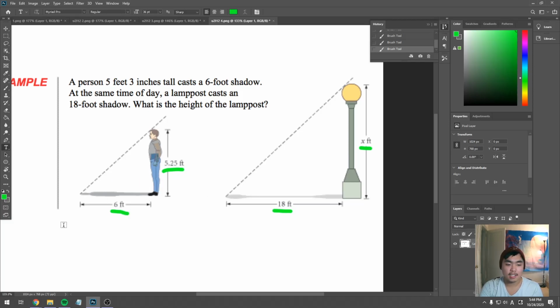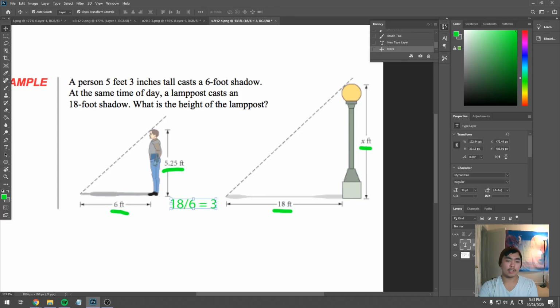So if I did 18 divided by 3, right? I'm trying to figure out the scale factor from the shadow of the lamppost and the shadow of the person. Sorry, 18 divided by 6. I would get a scale factor of 3. Now, let's rephrase that in words for a second, right?